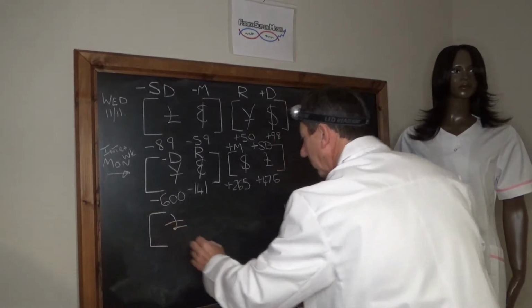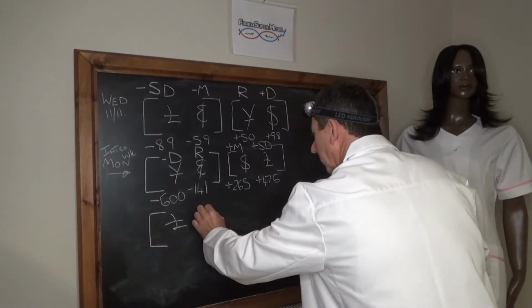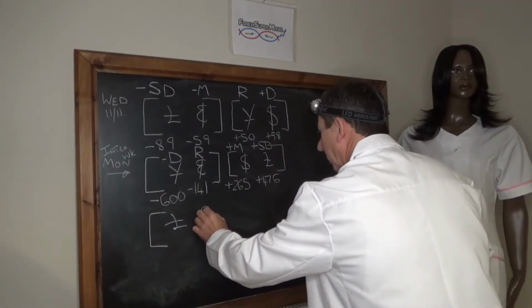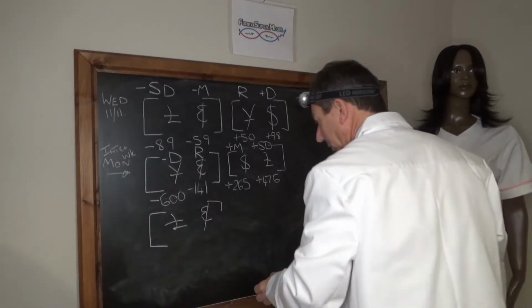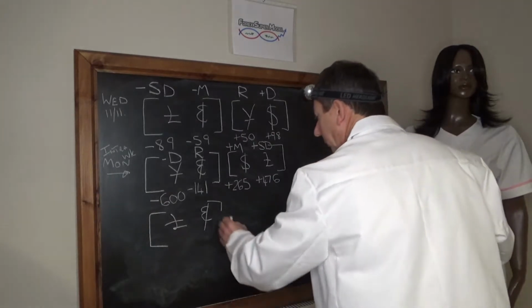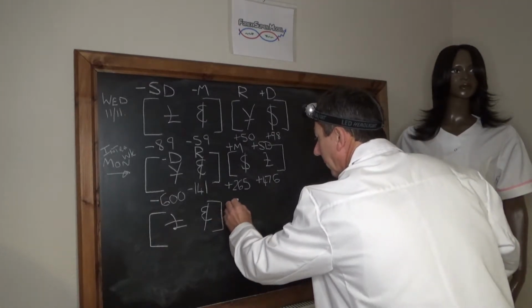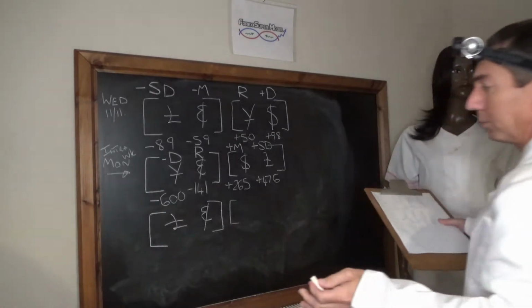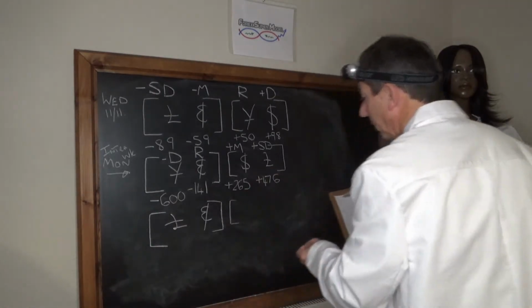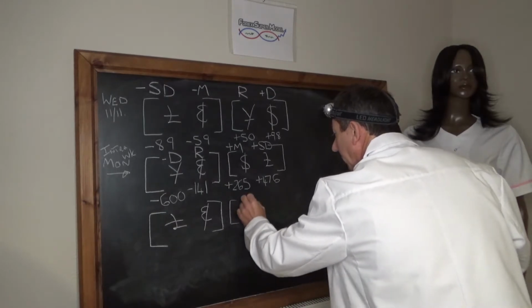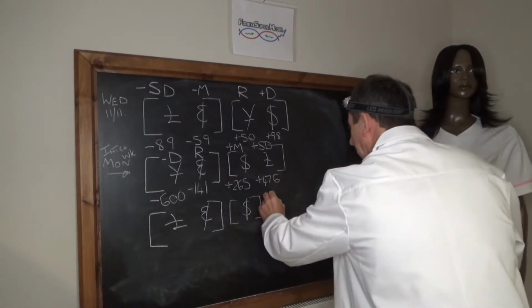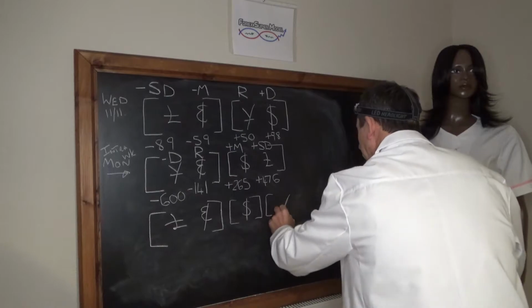So we've got the pound, the euro, and then we've got this usual, or seemingly quite usual situation of a neutral situation here. I'll explain that in a minute. And then finally we've got the yen at this end.